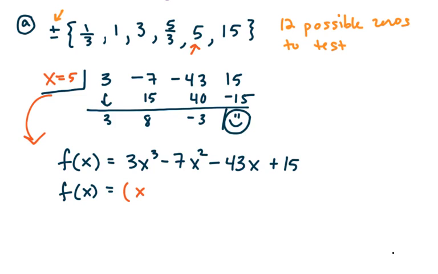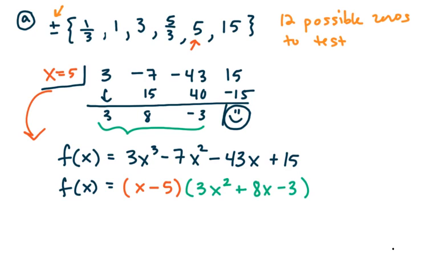That gives me a factor, using the factor theorem, of x minus 5. And then my quotient is going to be 3x squared plus 8x minus 3. So I've factored this polynomial function. We started with a cubic function, and now we have a linear and a quadratic factor.